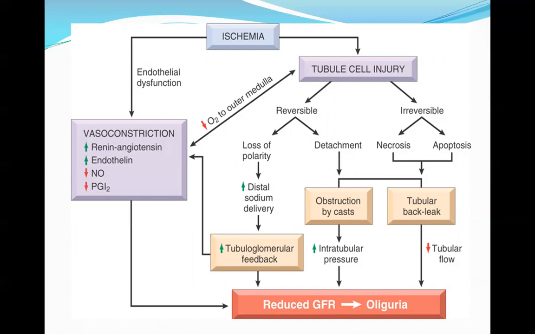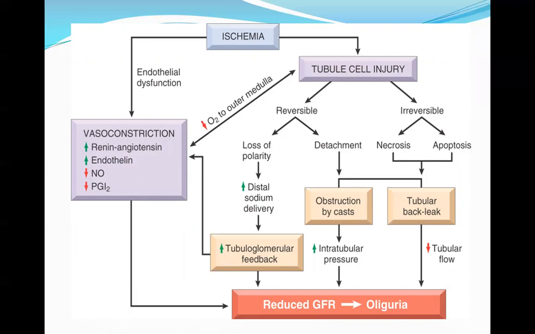Now, this tubular injury is either reversible or irreversible. If it is reversible, there is loss of polarity initially, which causes increased distal sodium delivery. This increased distal sodium delivery causes an increase in the tubulo-glomerular feedback. Now, this tubulo-glomerular feedback can cause an increase in renin-angiotensin, and this renin-angiotensin will cause vasoconstriction, number one.